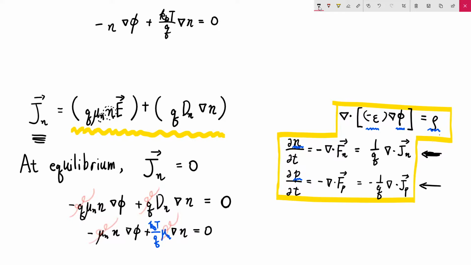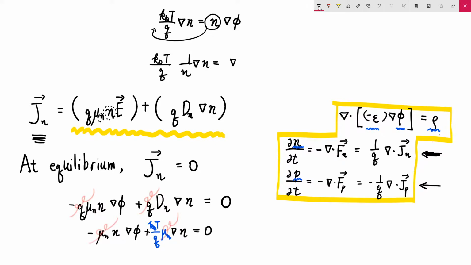So you know it. Then why don't you move this term over here? Not that difficult. And another thing is that this n can be divided out, then we will have this form: kBT over q, 1 over n gradient of n equal to gradient of phi.